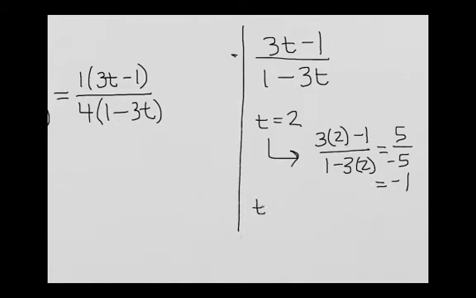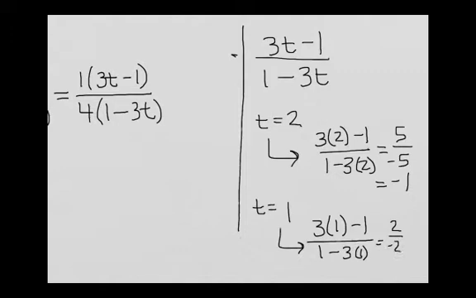If t is equal to 1, we get 3 times 1 minus 1 over 1 minus 3 times 1, which is 3 minus 1 is 2, and 1 minus 3 is negative 2, which is also equal to negative 1.